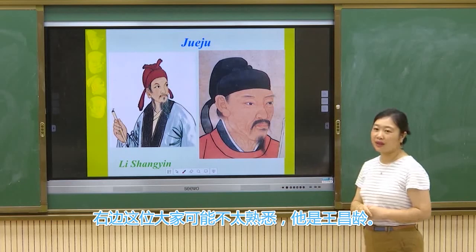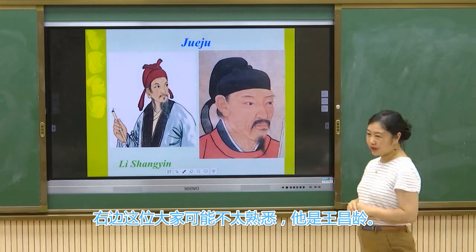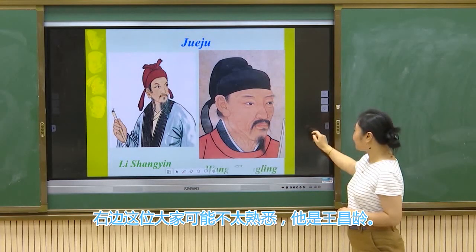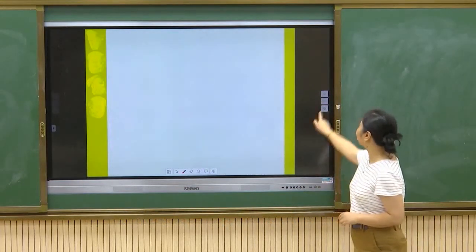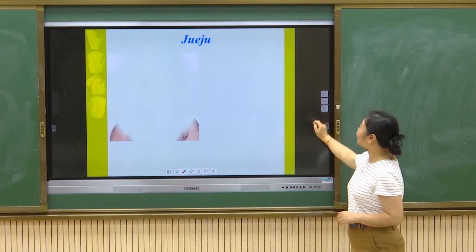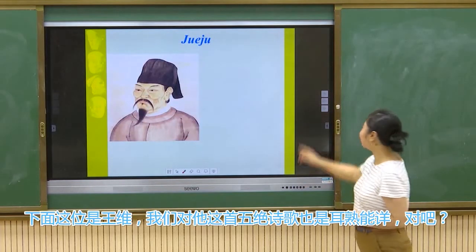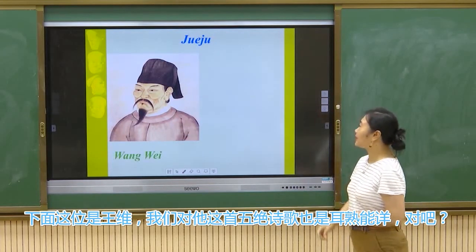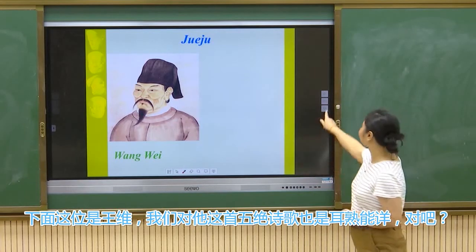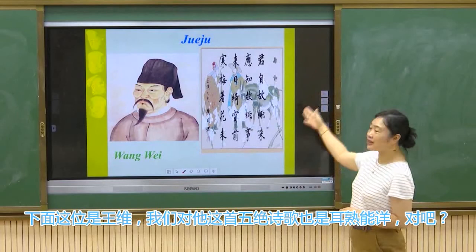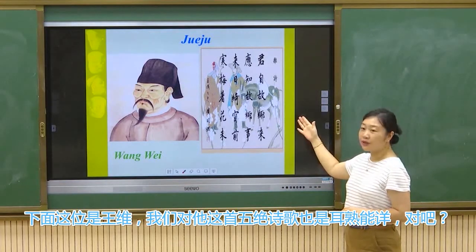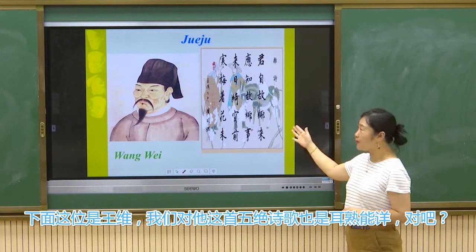And this one maybe you are not very familiar with, right? Yes, 王昌龄. And this one, he is Wang Wei. And we are familiar with his 5-syllable form poem, right?